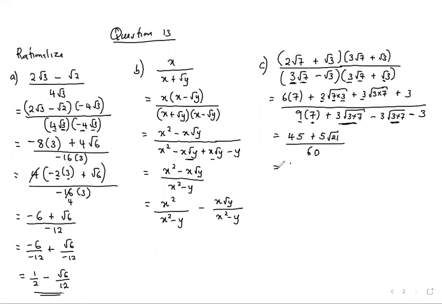So we have 45 over 60 plus 5 over 60 root 21. 15 in 45, 3. 15 in 60, 4. 5 there goes 1. 5 in 60 goes 12 times root 21.